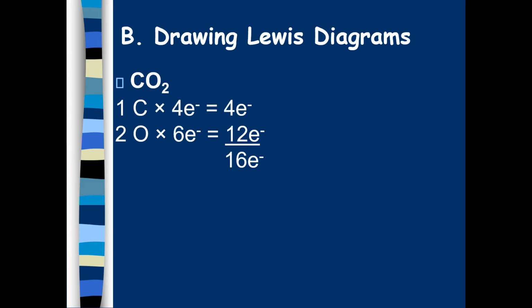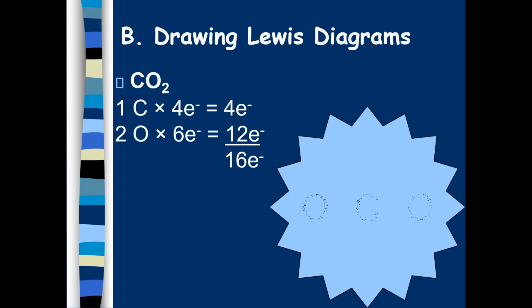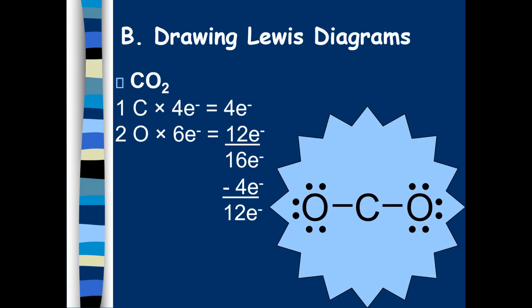We add them, that gives us 16. We make our little middle, and that looks good. We have used 4 electrons, and we subtract them from the total. Now, we have 12 electrons left. Here's where we do it. So we just place them around the atoms.